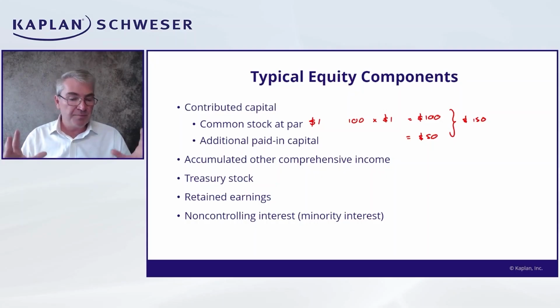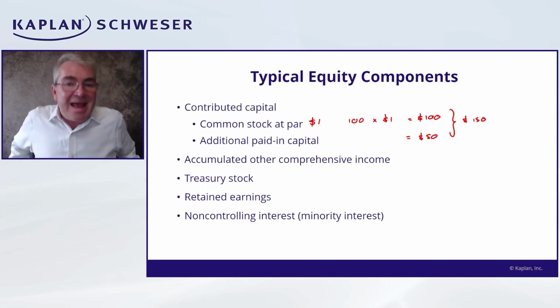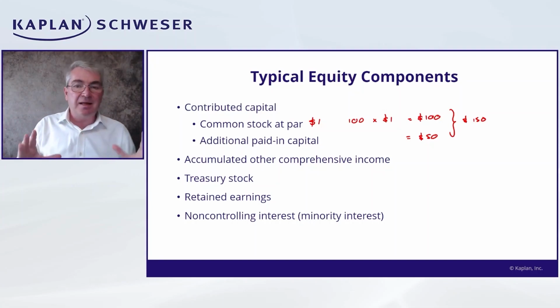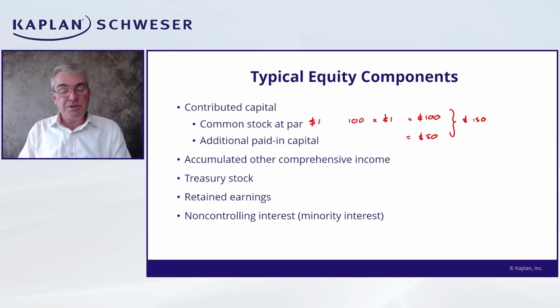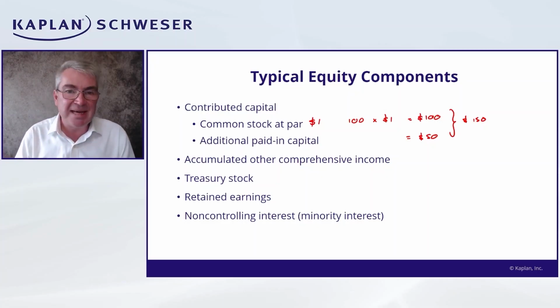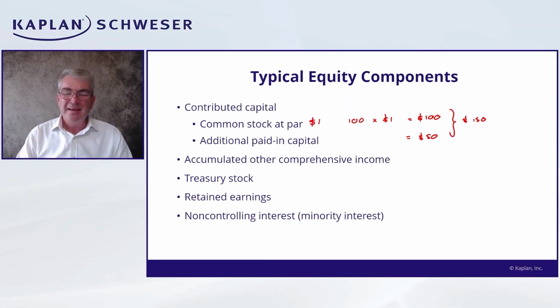They belong to minority shareholders in these subsidiaries. So what we do is we show the net assets, the assets minus liabilities that belong to these minority interests within stockholders' equity. I think it's a bit controversial treating it as a component of equity because these don't belong to our shareholders.